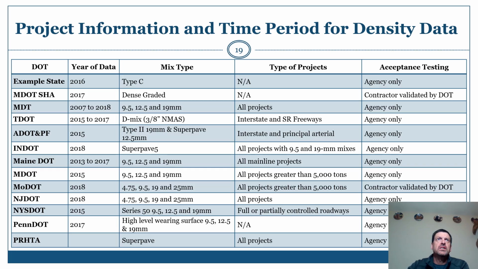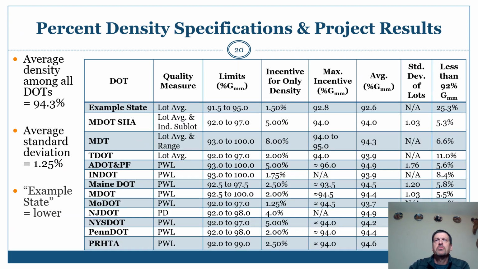Now, I'm not going to go through the details of this. I'll encourage you to look at the tech brief, but essentially there are details on the states, the mixes, and all that type of stuff in the tech brief, along with the density data and some other information on roadway classification and so forth.